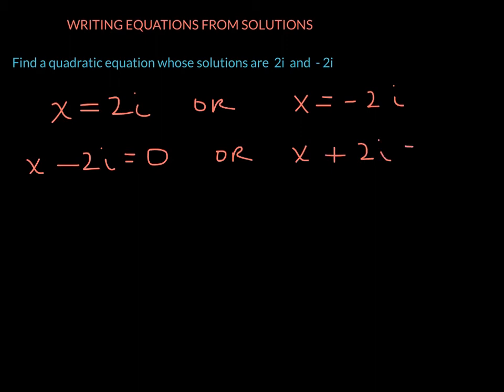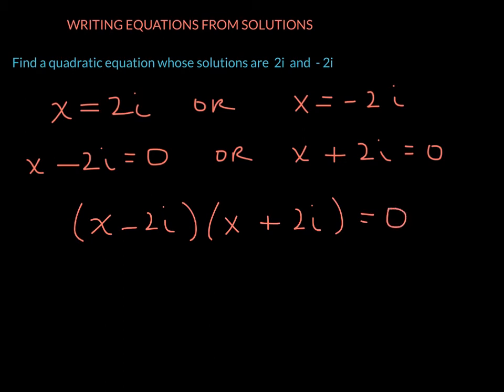All right, the principle of zero products says that if this factor is equal to 0 or this factor is equal to 0, that means when you multiply them, you should get 0. So I'm using the principle of zero products to write the equation like this.